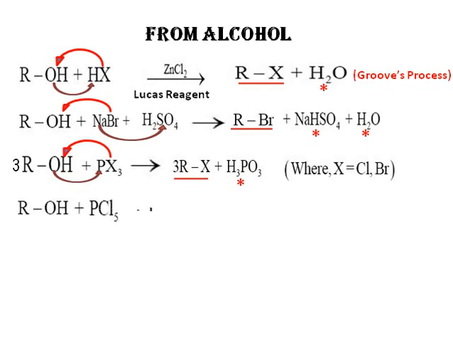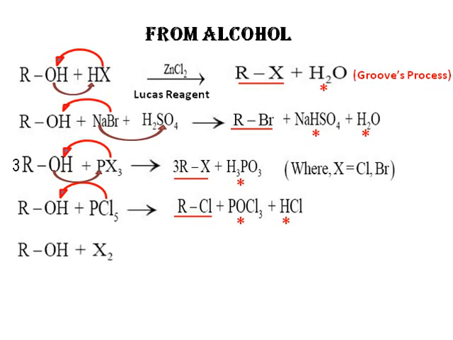In the next process, alcohol reacts with phosphorus pentachloride to produce alkyl chloride, phosphoryl chloride and HCl. Here chloride replaces hydroxide ion and we get the alkyl chloride, phosphoryl chloride and hydrochloric acid. In the next process, alcohol reacts with halogen in presence of red phosphorus to produce alkyl halide.